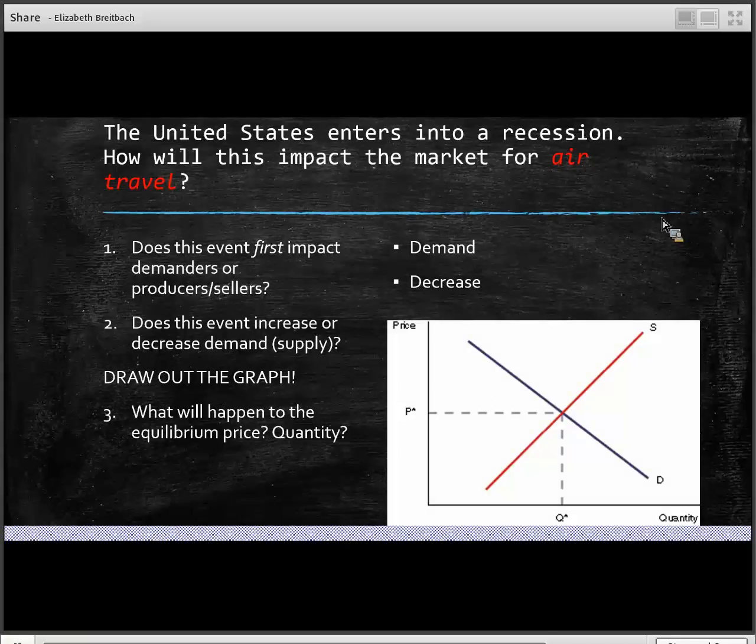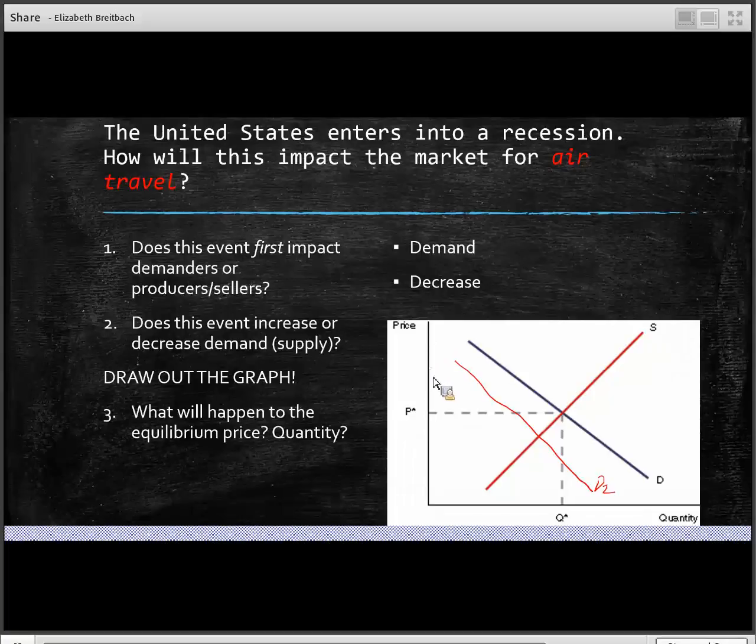So we have our initial supply and demand curve again. In this case, we're going to see demand shift to the left. And I want to really explain why we're seeing that demand curve shift to the left. So when we see demand decrease, it means it's decreasing at all price levels. So let's look at this price here.